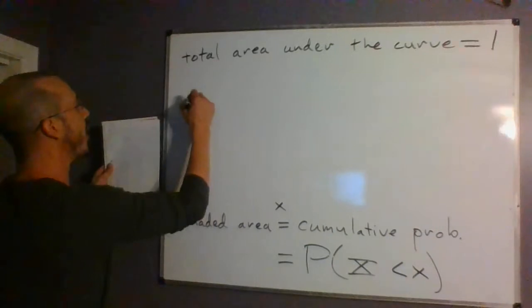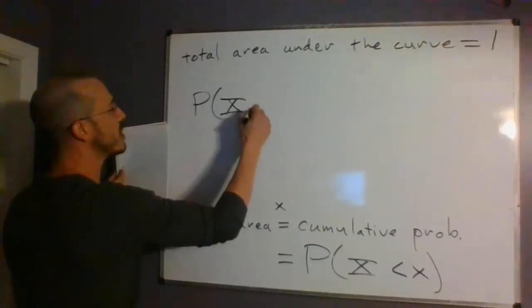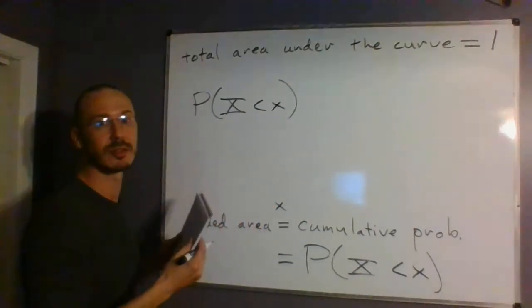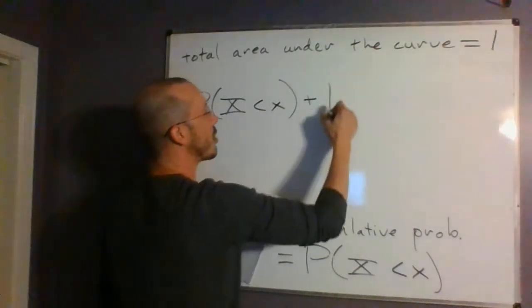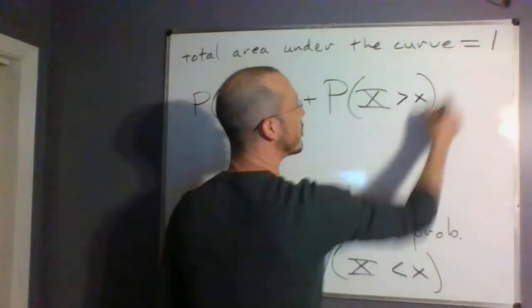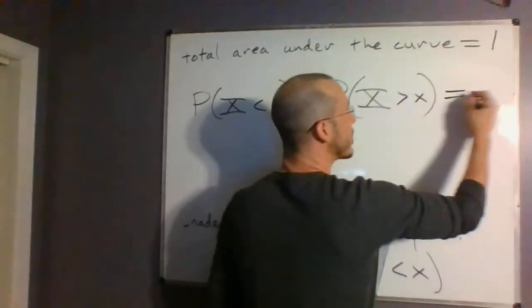So if I take the probability that x is less than that little value of x, plus the probability that x is greater than that little value x, that's the whole thing. That's everything. That equals 1.